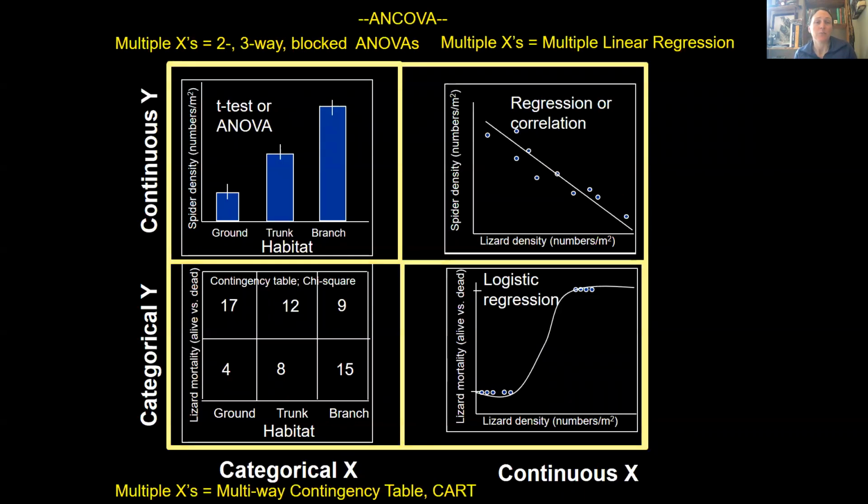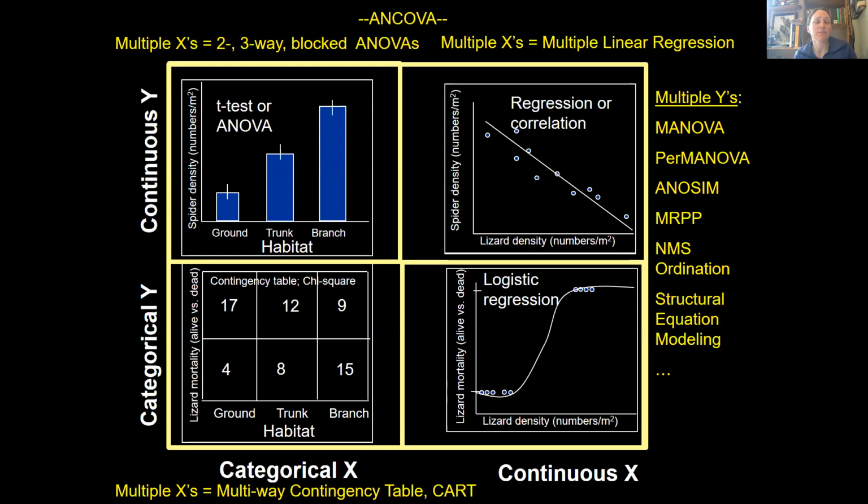We've moved into multiple X's where we've dealt with two-way, three-way ANOVAs. We haven't really gone into multiple linear regression, but you could imagine multiple X's influencing variation in Y. That would be multiple linear regression. We've talked a little bit about multi-way contingency tables and CART modeling, so classification and regression tree modeling.